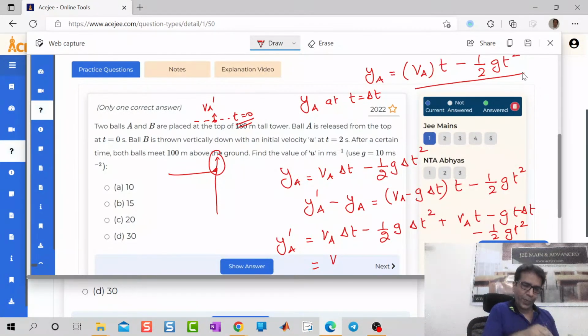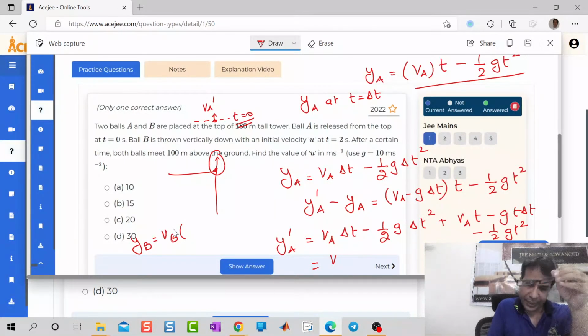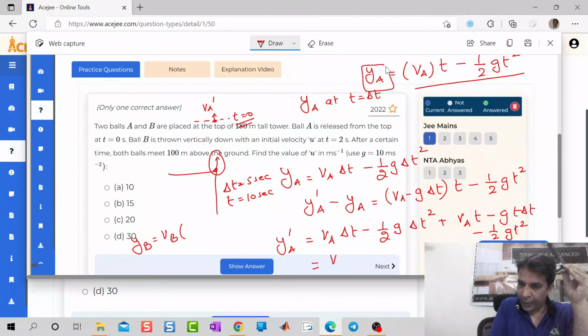Now when I'm writing it for B, it will be initial velocity VB into time duration. Let's take some numbers. Let's say delta t is 5 seconds, and we are writing it for t equals 10 seconds. So when finding the displacement for A, you will put t equals 10 seconds.